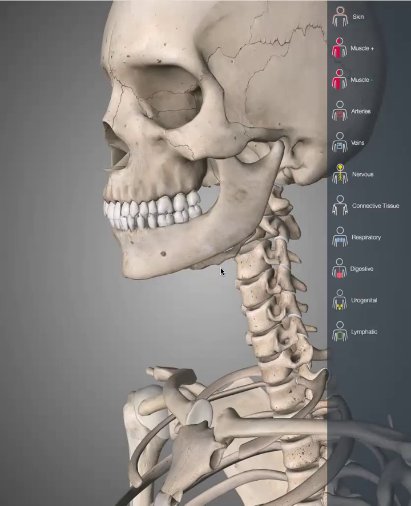So we have two sets of teeth, primary and permanent.